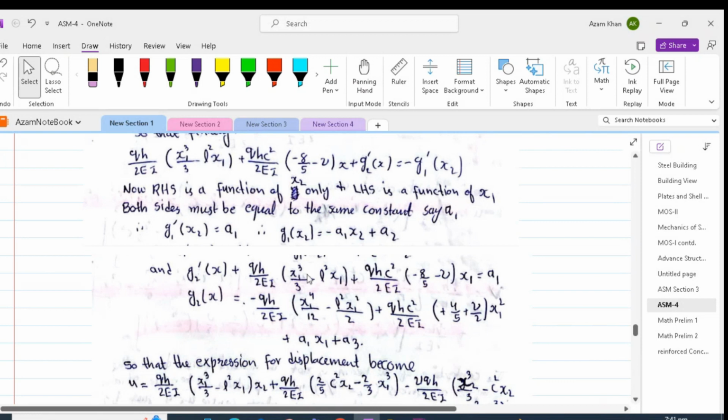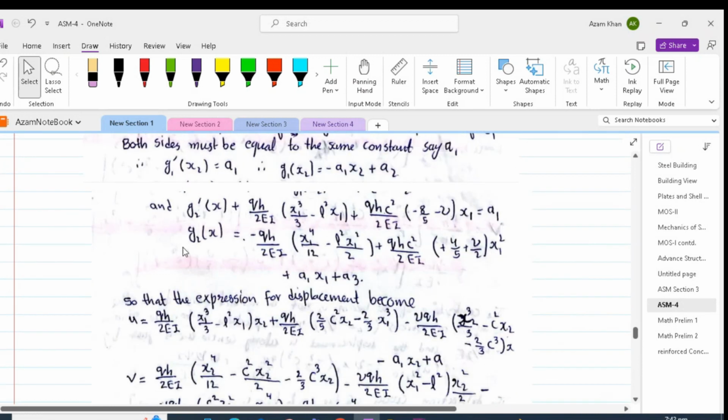Please check this expression is made equal to a1, and a1 was called −g1′(x2). So g2(x) is equal to −(qh/2EI)[x1⁴/12 − L²x1²/2] + (qhc²/2EI)[4/5 + ν/2]x1² + a1x1 + a3.